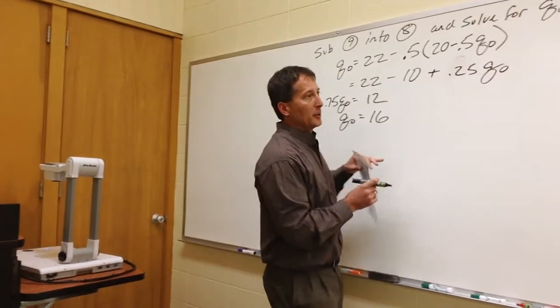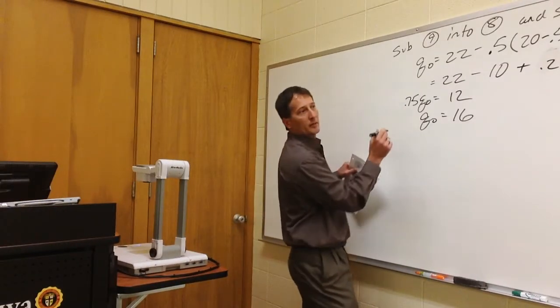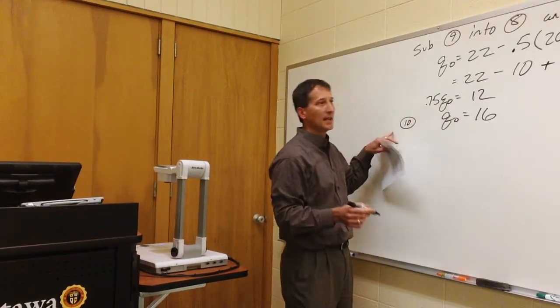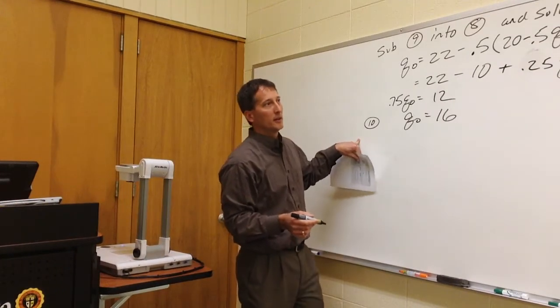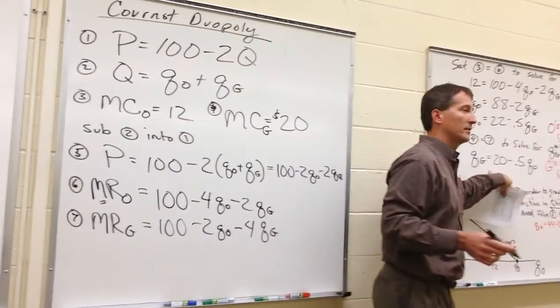So I said that it got a little bit easier now, because now we've got QO. Let's call this line 10. It's not really an equation, but this result, we can sub that back into QG. We've got their reaction now.